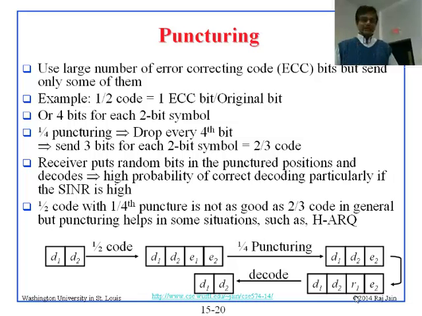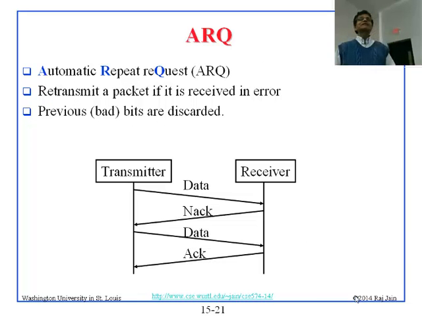Okay, but there is something which is coming up. The idea is that we won't send you 1 bit, but if you get into trouble, then let me know and I will send you that 2nd bit.